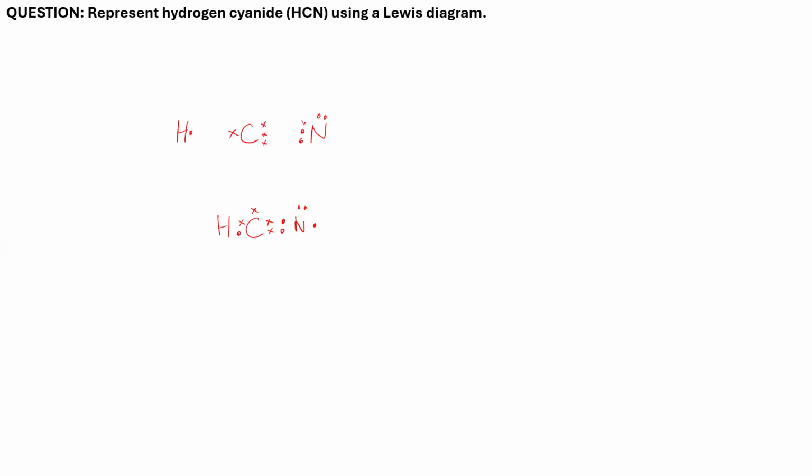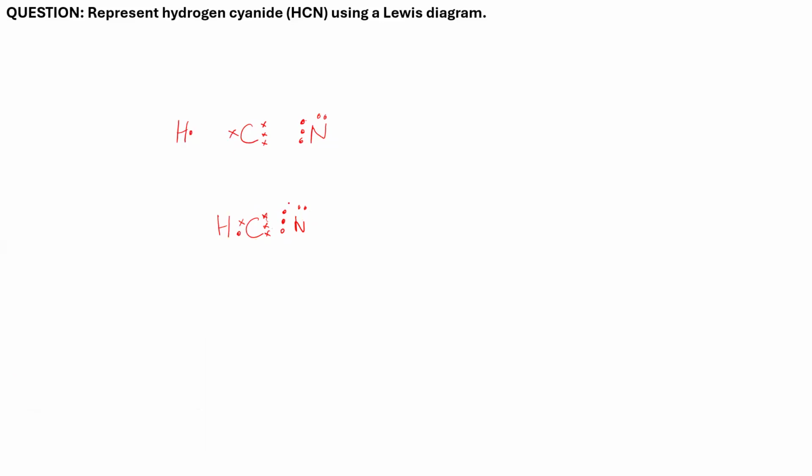For nitrogen, we bring those 3 electrons also this side. Then let's see if this now will work. So now we have 1, 2, 3, and for nitrogen, we also have 3. Now we have 3 pairs of electrons that are being shared between carbon and nitrogen.